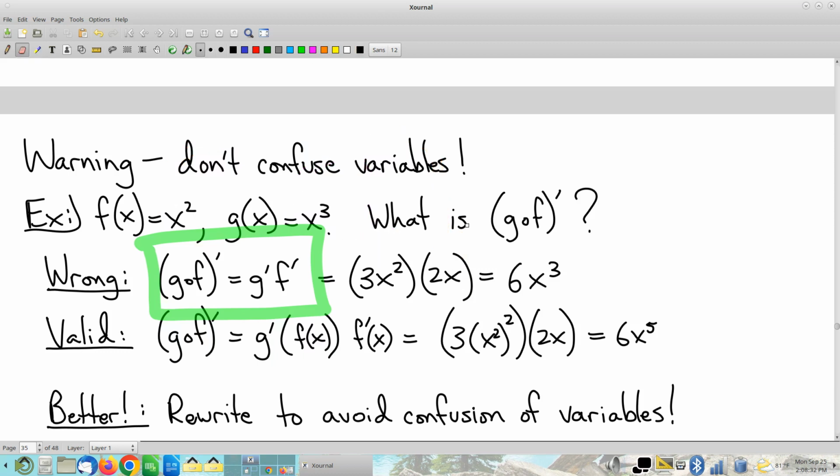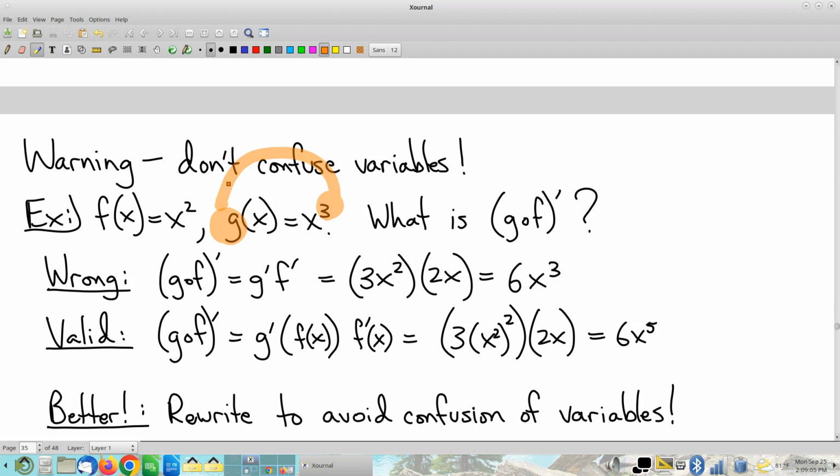What I should have done is to be more careful in how I write g prime. Specifically, g prime has to be evaluated at f of x, not at x. I hope you all remember this from Calc 1 long ago. The idea being that g is really the cubing function, whatever it is you put into it, you're cubing it.